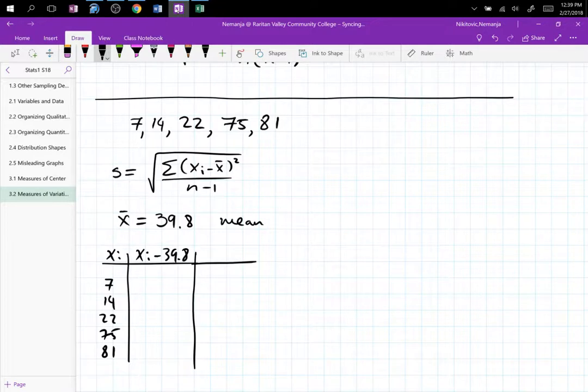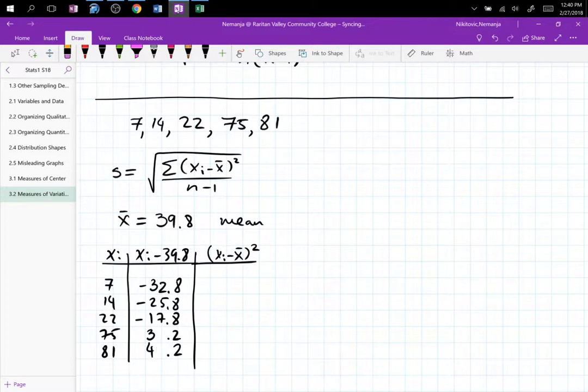So I have 7 minus this, which is going to be negative 32.8. 14 minus this is going to be negative 25.8. 22 minus this is negative 17.8. 75 minus 39.8, that's like 75 minus 40, which is 35, plus 0.2 is 35.2. And 81 minus 39.8 is 41.2.